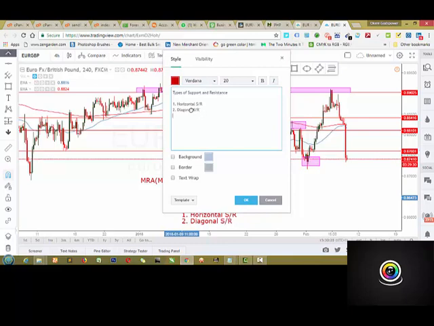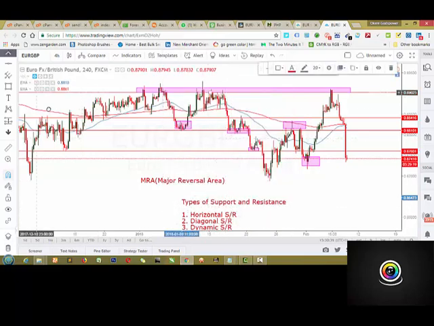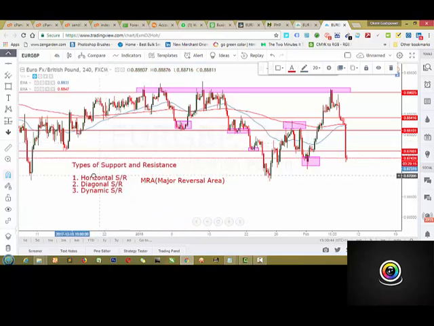And of course, number three, we have what we call the dynamic support and resistance. Now I'm going to quickly discuss these three types before we call it a day here.